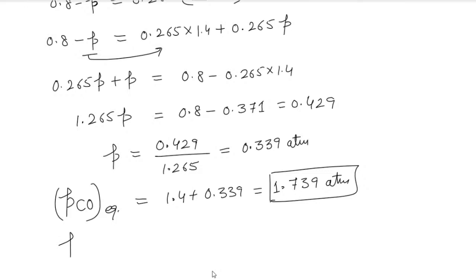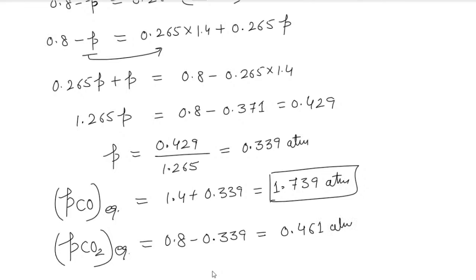And the pressure of CO2 at equilibrium is equal to 0.8 minus 0.339, that is equal to 0.461 atmosphere. Okay, so this is question number 20.